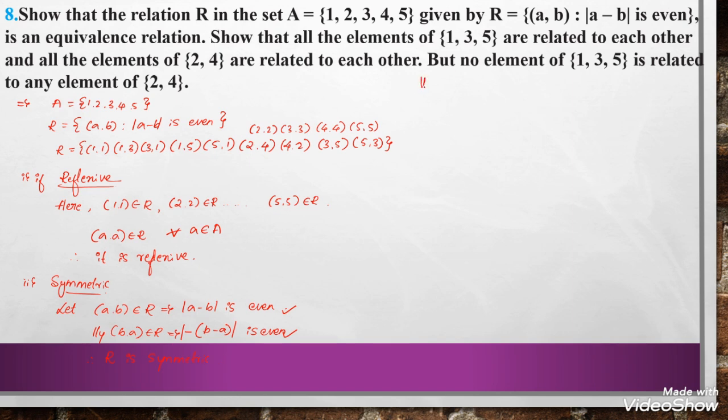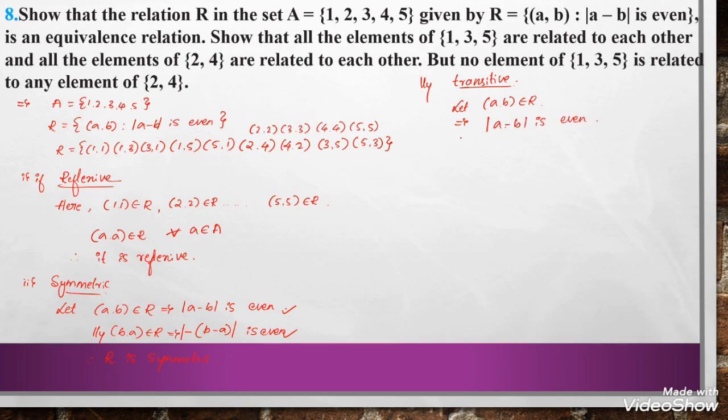Similarly, for the transitive condition, let (A, B) belong to R such that mod of A minus B is even.